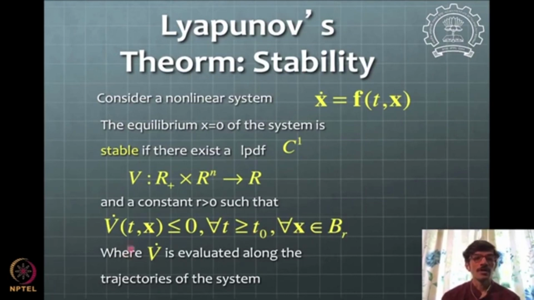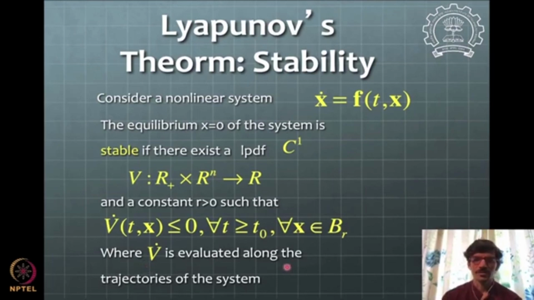V dot is again a real valued function, evaluated along the trajectories of the system. You remember v dot will actually be del v by del t plus del v by del x into x dot. This is typically given as the expression for v dot.